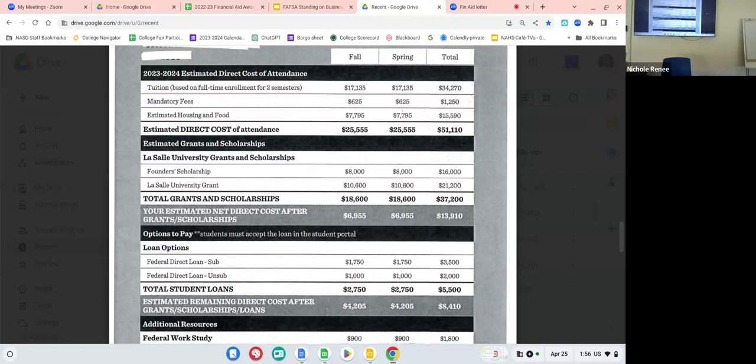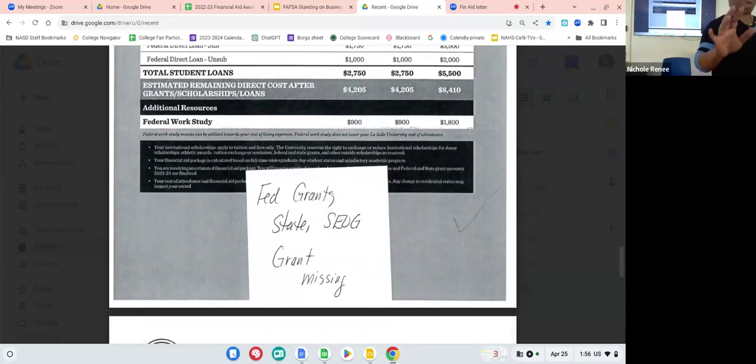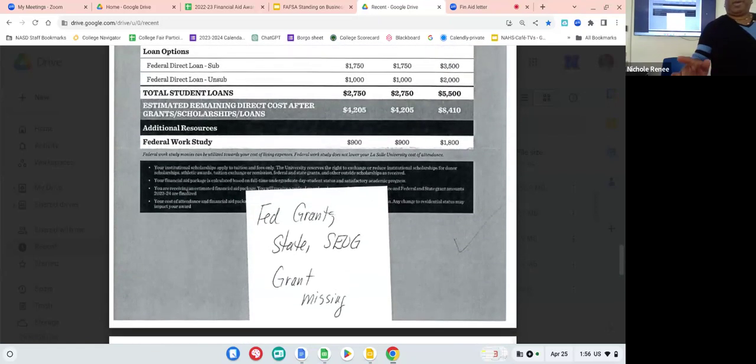So their Pell Grant is missing. And what else is missing? State grant is missing. So we had to shoot them an email and say, hey, can you fix this? All right. So you got your federal grant, state grant, and the SEOG is missing. So everybody doesn't have to give you the SEOG, but we asking for that too. Okay. And there may be a page missing because they usually do the rest of the math for you too.